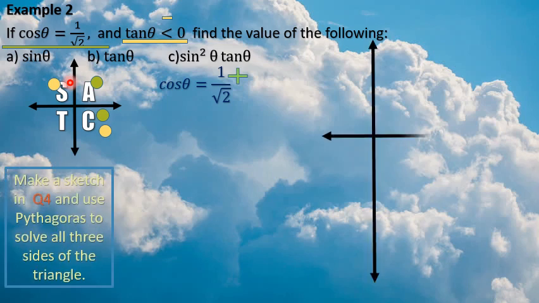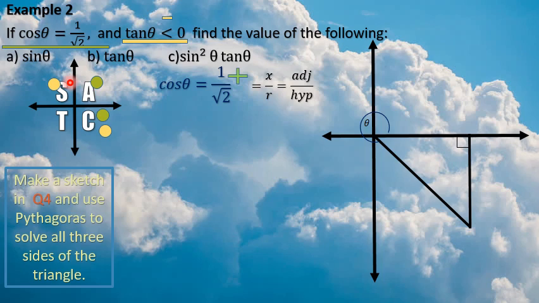So that is the quadrant in which we must sketch a right-angled triangle with the right angle sitting on the x-axis. Theta rotates in an anti-clockwise direction from the x-axis to the hypotenuse, and cos theta we link up to being x over r or adjacent over hypotenuse.